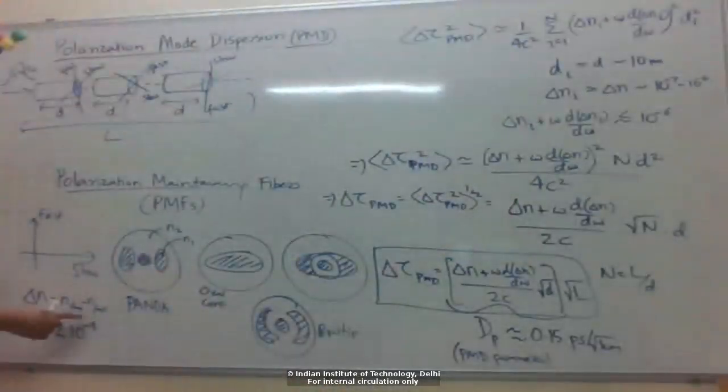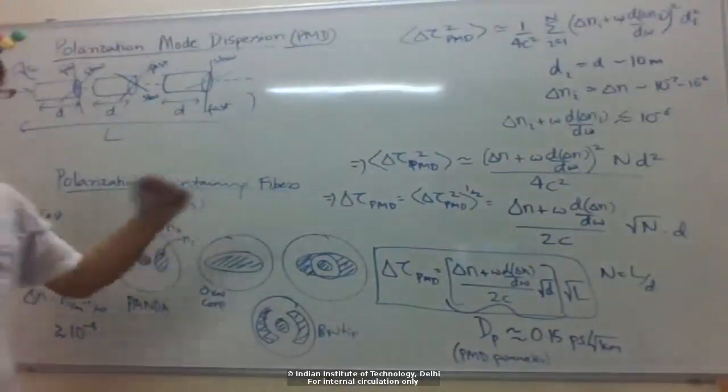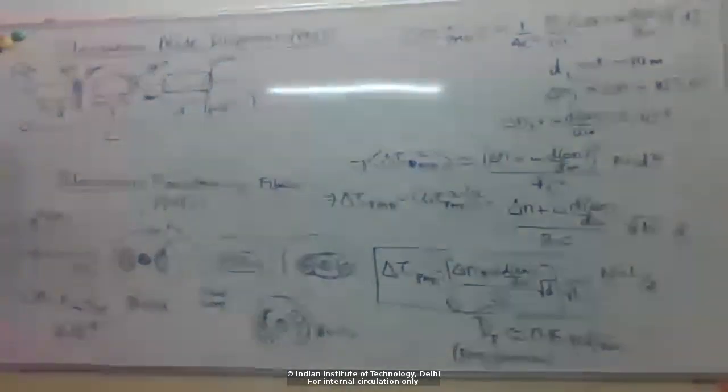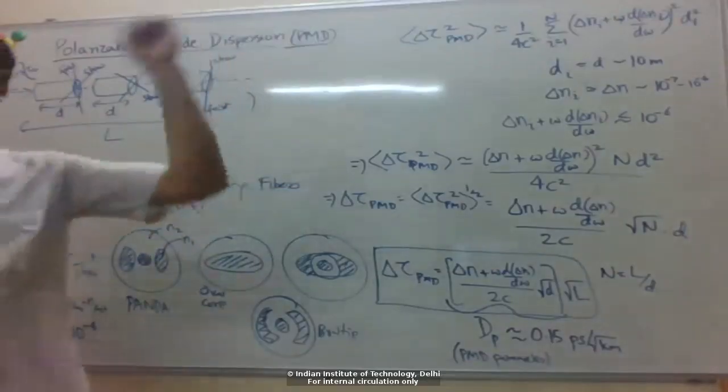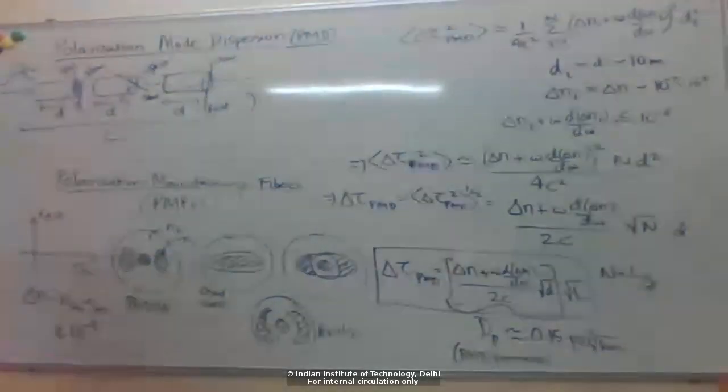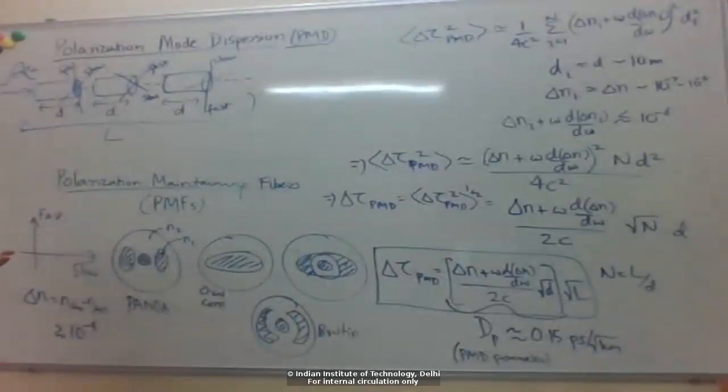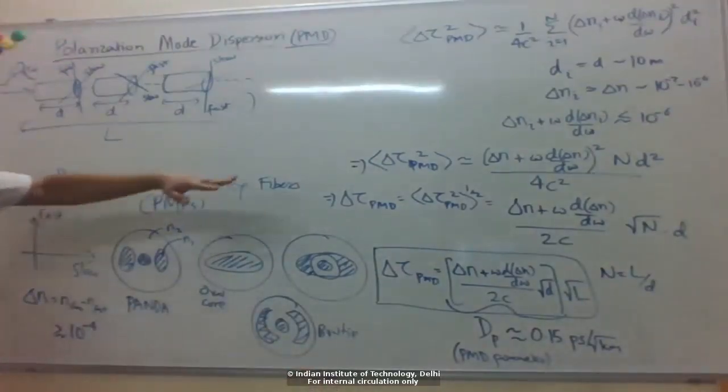So now any variations of the order of 10 to the minus 6 do not change my slow and fast axes. I know at the input of the fiber which is the slow and fast axis, so I can launch my input polarization along one of these axes and it will be maintained all along the fiber. Any environmental stresses will not change much because they don't perturb this large birefringence. The perturbation is much smaller than the already existing birefringence. So the polarization is maintained and there is no broadening.